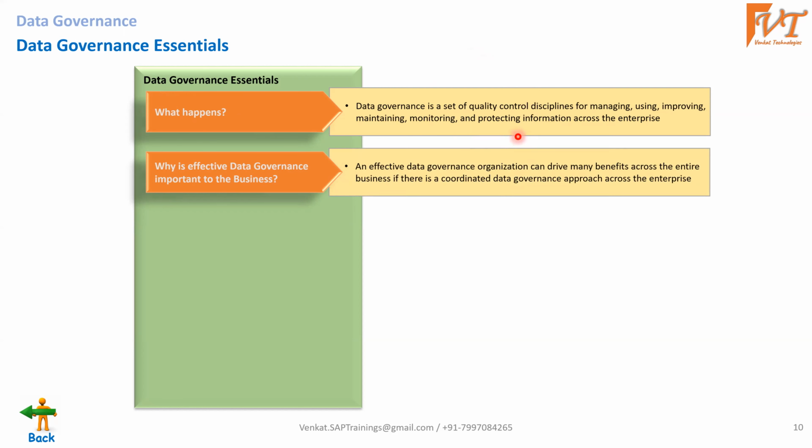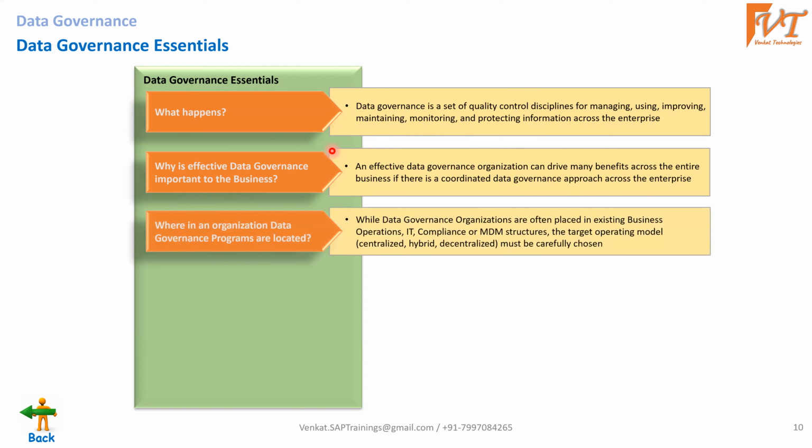As we discussed so far, if we govern the data, if we maintain the data properly, if we have the control on the master data with the accuracy and reliability, it gives beautiful advantages or benefits to the enterprises or organizations. So where the data governance programs are located, it can be anywhere. It can be department wise, or business unit wise, or organization wise, or wherever it is. It depends on the organization.